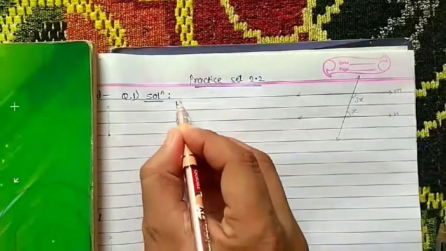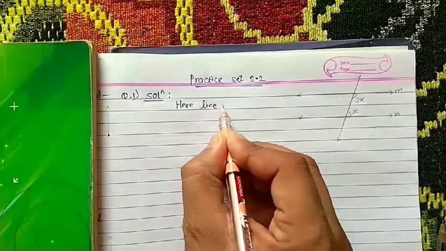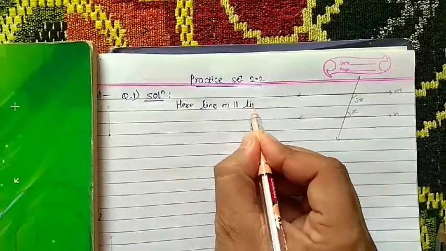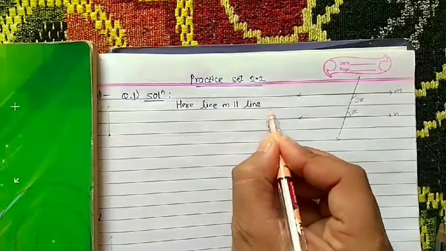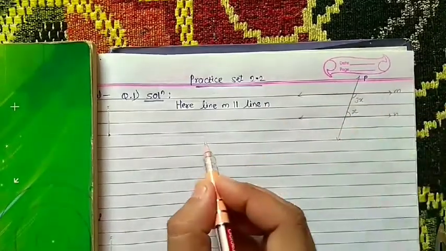So here, what is given first? Line M is parallel to line N and P is the transversal.